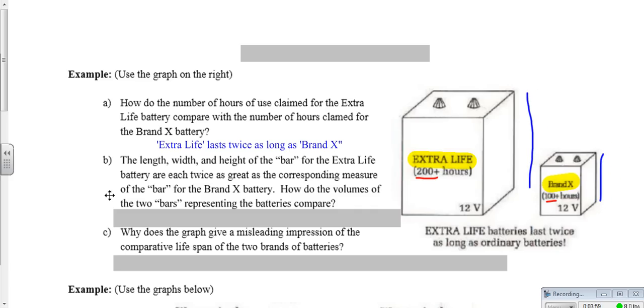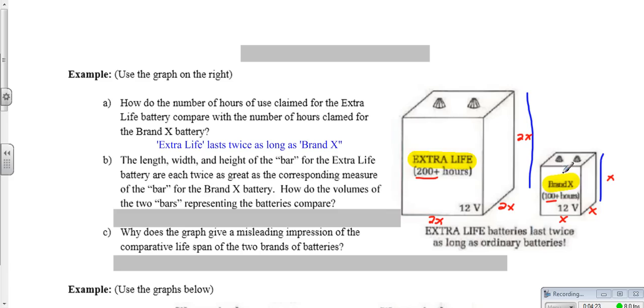How do the volumes compare? Well, now that's different, because if I say that this is X units long, and this is X units long, and this is X units long because it's a cube, and we know that the height here is twice as long as the other height, so is the depth, and so is the width.